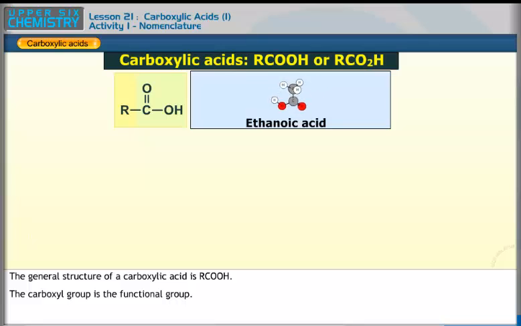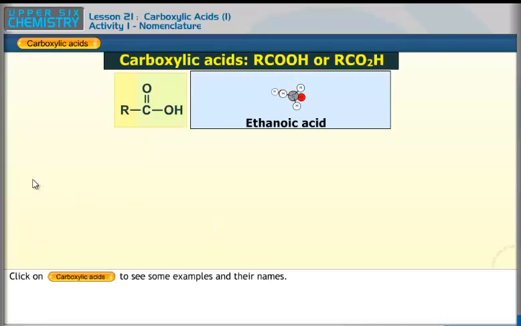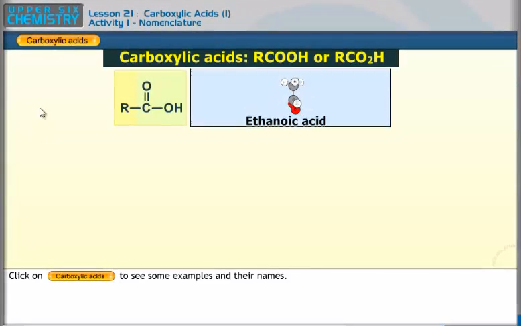The general structure of a carboxylic acid is RCOOH. The carboxyl group is the functional group. Click on the Carboxylic Acids button to see some examples and their names.